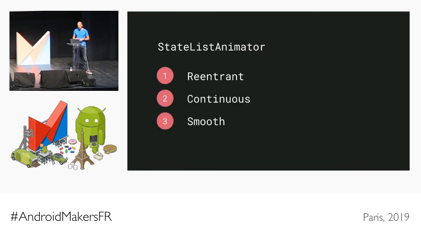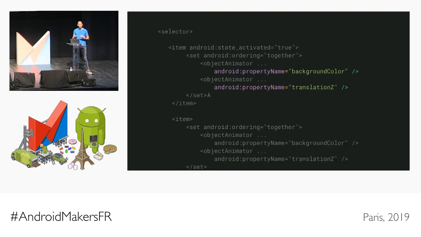So let's look at state list animator. How does it perform on those properties I want of my system? It is reentrant, so if you're changing state, it cleans up after itself nicely and will just run the right animation for you for a given transition. I've given continuous a question mark here because this comes back to the problem we saw before, where you can write these object animators in a number of ways.